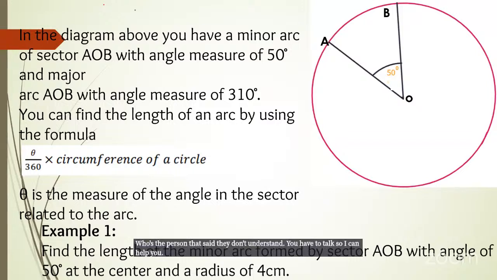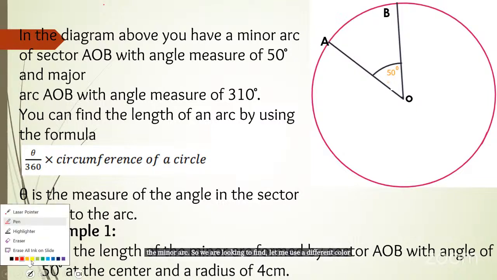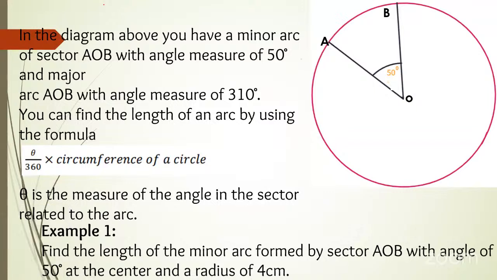Yes, miss. All right, so with the circle that I have here, we're looking to find the minor arc. So let me use a different color. We're looking to find this section here. Clear?